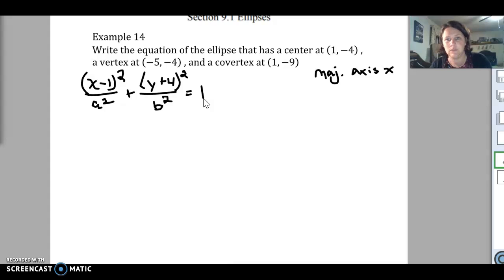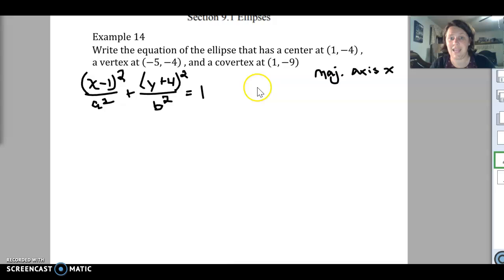From the center, (1, -4), to (-5, -4), that's going to be a difference of 6 units, and you can graph that if you need to. We're going to have 1 on the right-hand side of the y-axis, and then count 5 more to the left-hand side. So that's going to give us 6 units for the vertex.